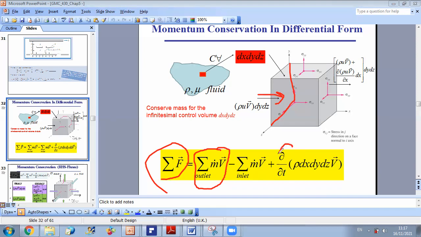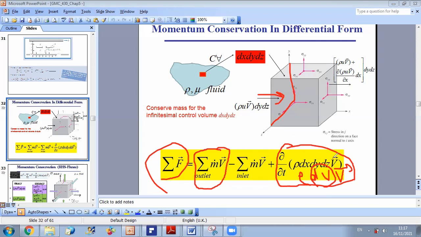Now this represents the storage term of linear momentum, so it's del by del t of rho dv times velocity vector. Now dv here, the volume here is dx dy dz, so we can replace dv by dx dy dz.